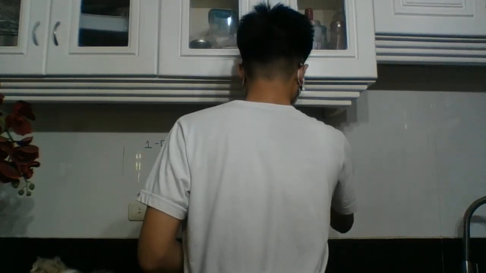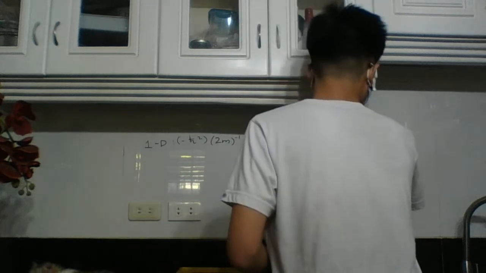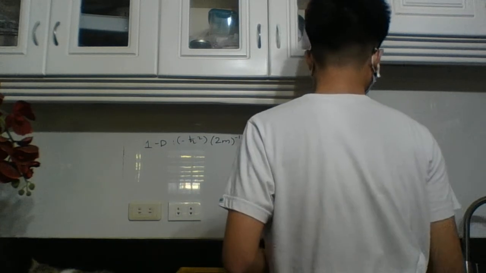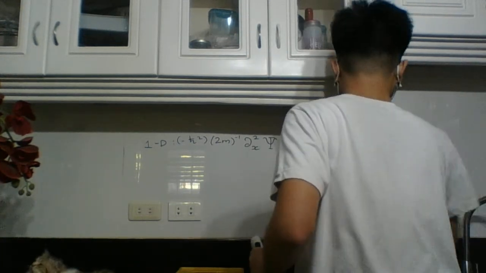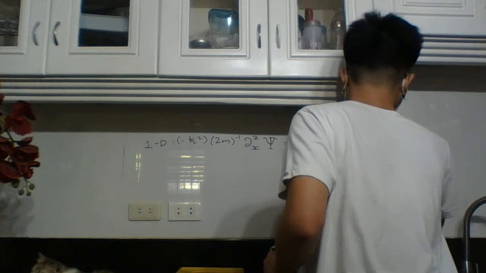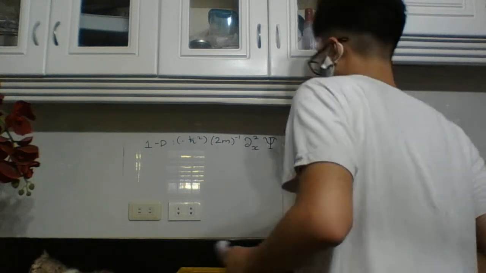That's equal to the energy operator times the wave function, which is i h bar times the partial derivative with respect to t of the wave function. Oh, I'm sorry, one more thing: the first partial derivative with respect to t of the wave function.